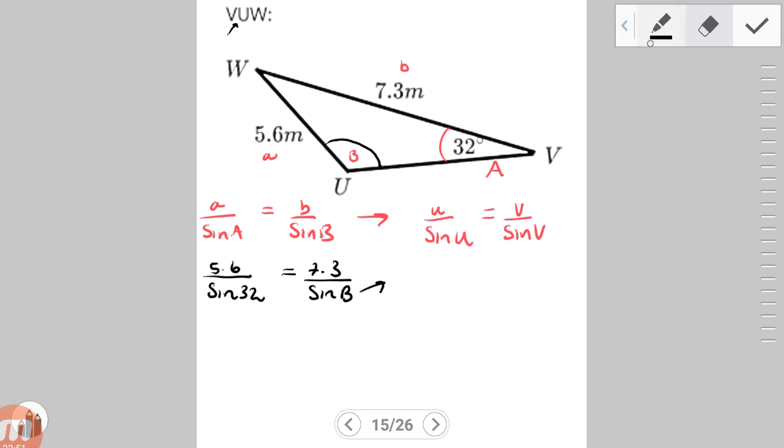So it's the sine of the angle VUW. But just for simplicity, let's just use B because B is representing the angle VUW.